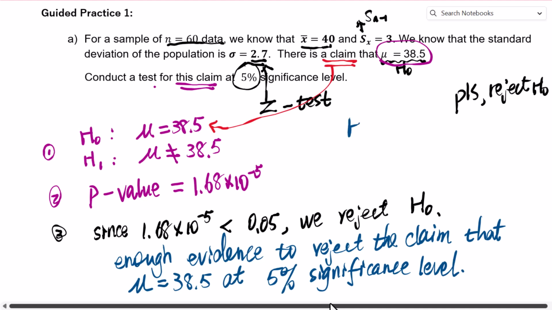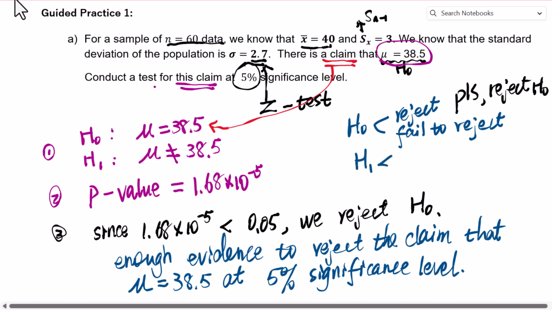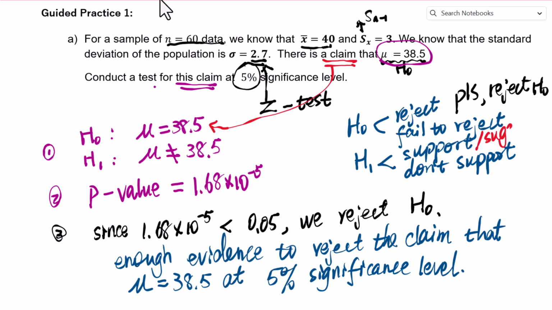Normally, for HO, we will use reject or fail to reject. For H1, we will use support or do not support. Or for H1, you can use suggest. Do not suggest, based on which one is the claim.